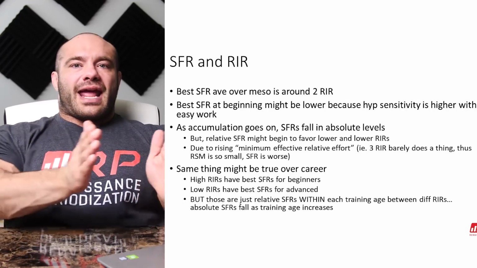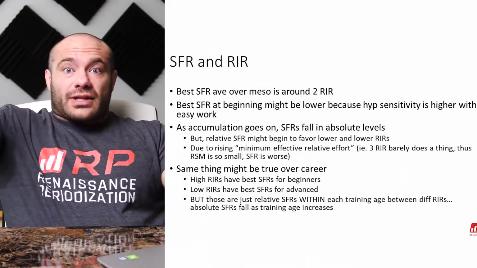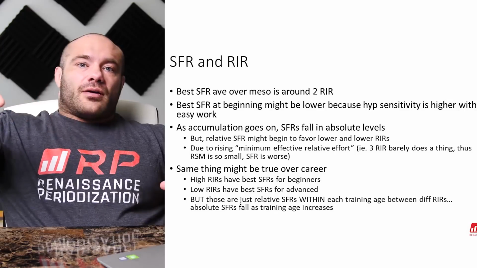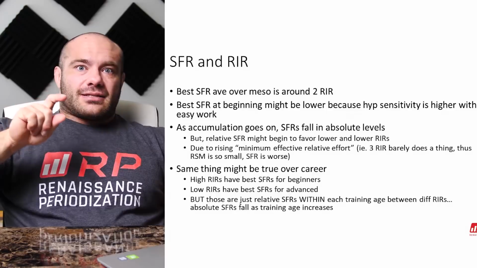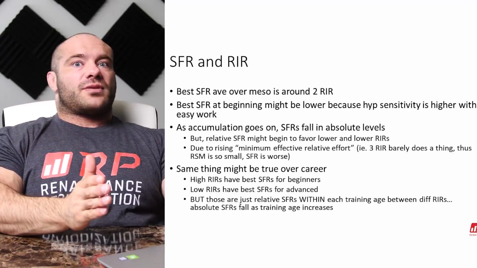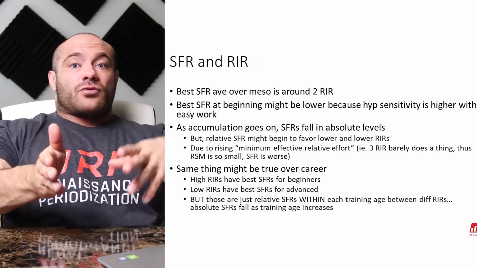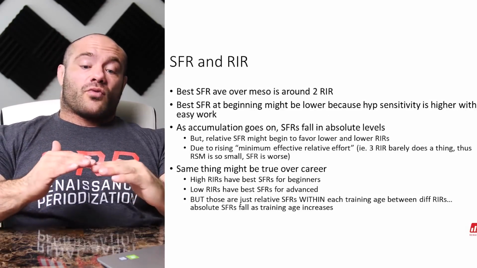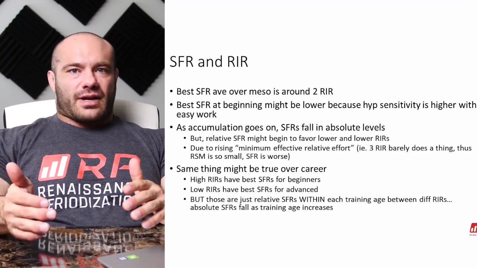But in any given microcycle, as the microcycles get through accumulation, the best SFR generated in any single microcycle is going to be of a decreasing RIR, which means 3 or 4 reps in reserve was the best SFR you could have done in micro 1 and also absolutely the best. In micro 2, it might be like 2 or 3 RIR, because with anything lower, the raw stimulus magnitude is so small that the rising fatigue gives you a not so great SFR.